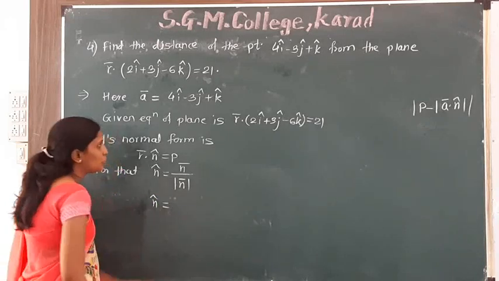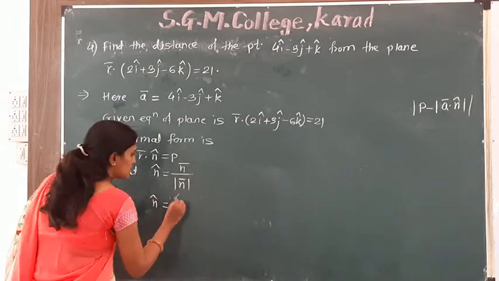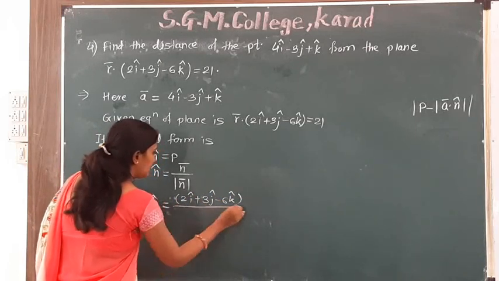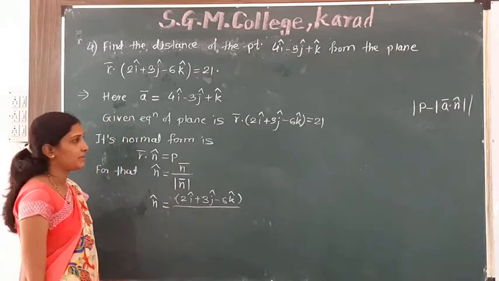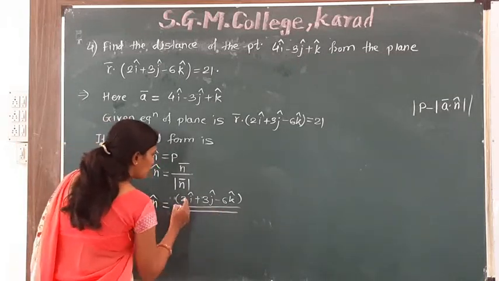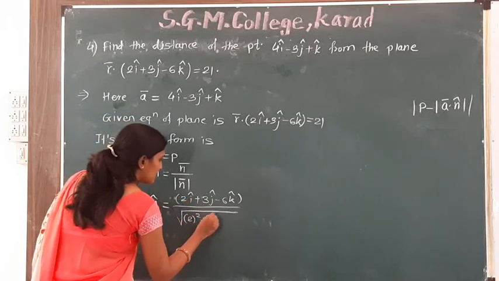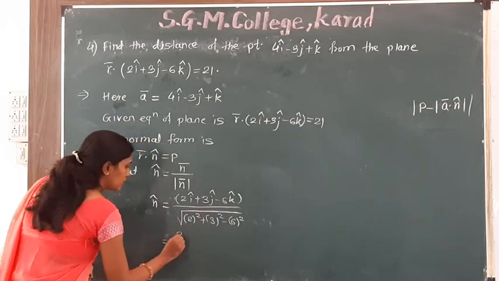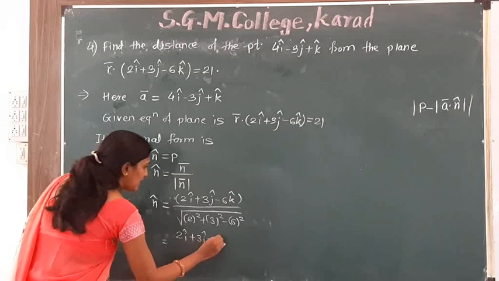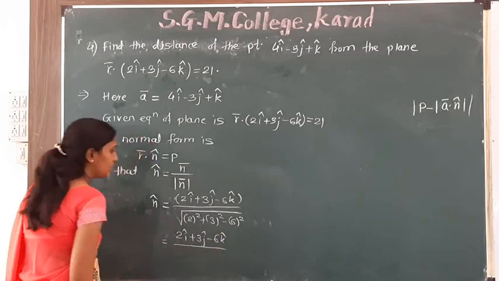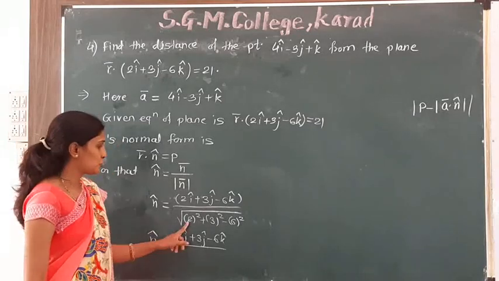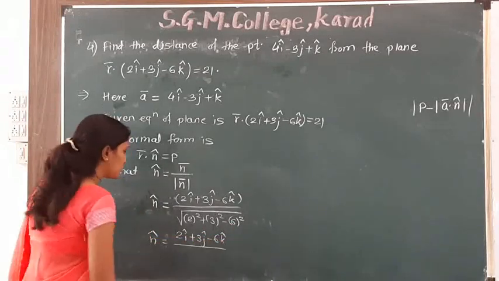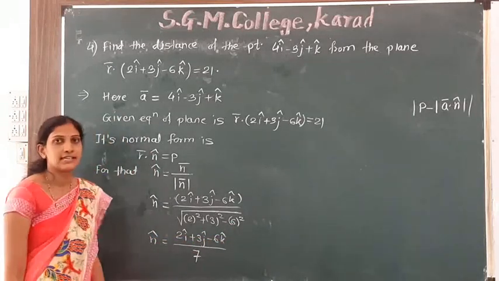So n cap is equal to n bar, that is 2i cap plus 3j cap minus 6k cap, divided by magnitude of n bar, that is root of 2 square plus 3 square plus 6 square, which is equal to 2i cap plus 3j cap minus 6k cap divided by root of 4 plus 9 plus 36, which is 49, and root 49 is 7.